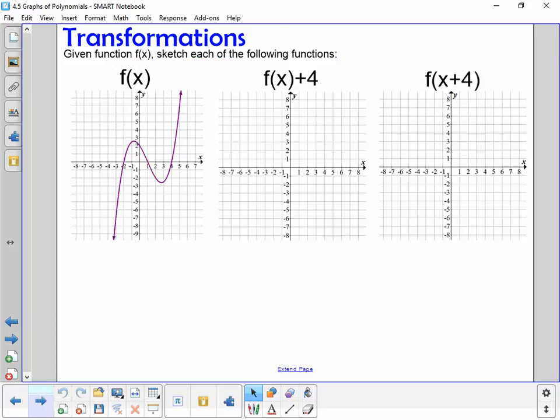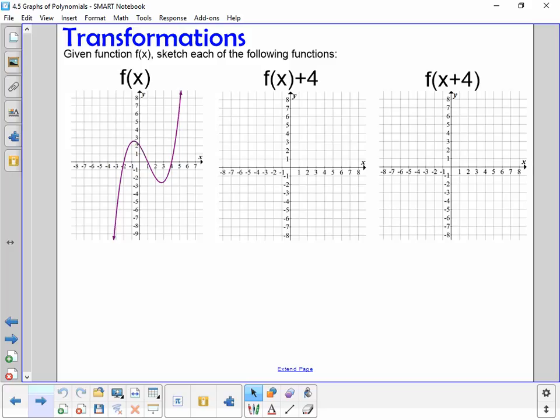So first of all, I wanted to remind you that transformations can work with any type of graph, and that includes polynomials. Now, we don't typically graph polynomials in the same way that we graph parabolas and absolute values and lines, in that we oftentimes don't sketch them as often because they're more complicated, and more typically we use technology to help us get the shapes of these things correct.